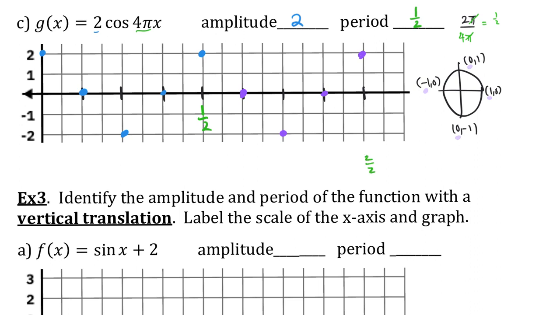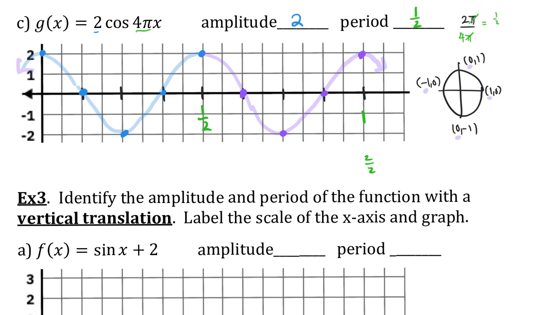What's 2 halves? 1. So the second period ends at 1. Okay, I'm going to sketch my graph. Remember, these are curving, and it should look like it's going back down to the left. This is my first period, and then my second period. Okay, and make it look like it goes back down because it's not going to go higher than 2.